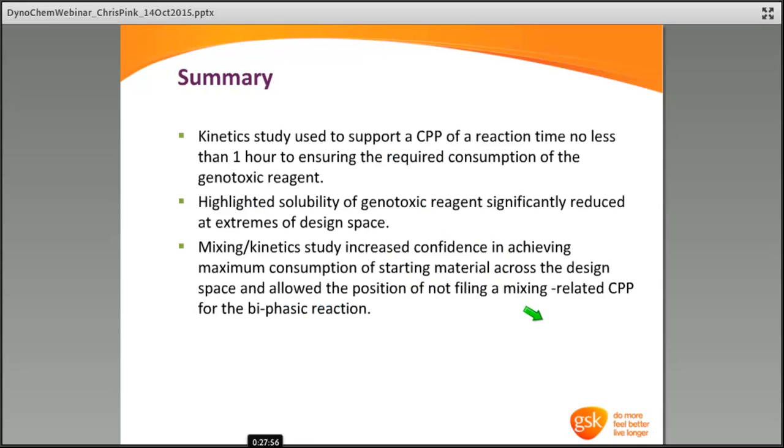We used the kinetic study to support a reaction time of no less than 1 hour, and in combination with the mixing study, it gave us confidence to achieve the maximum consumption of the starting material across the design space, and allowed the position of not filing a mixing related CPP. So it gave ultimate flexibility for the plant to be able to move into new vessels without having quite an intensive validation process to go through.